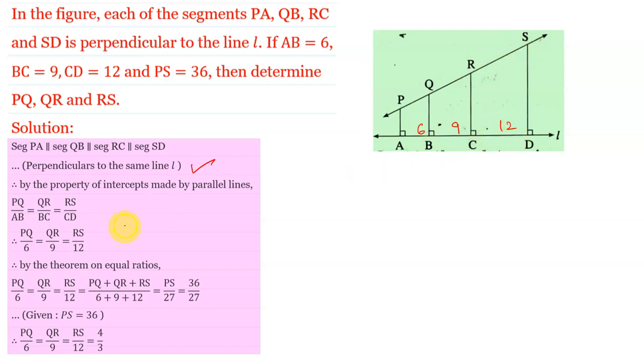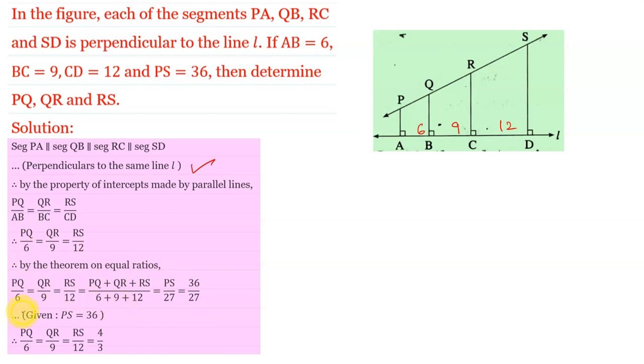Now substitute the values of AB, BC and CD, that is PQ upon 6, QR upon 9, RS upon 12. By the theorem on equal ratios, the value of each ratio is equal to the sum of the numerators upon the sum of the denominators.